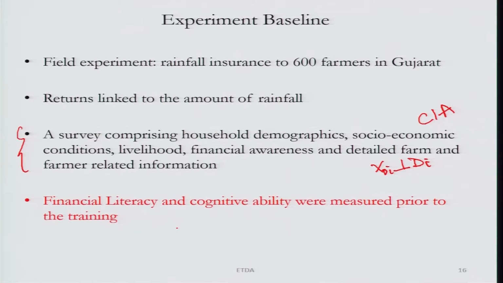They want to ensure that the people participating in the financial literacy program have the same initial levels of financial literacy and cognitive ability as the people who are not in the training program.